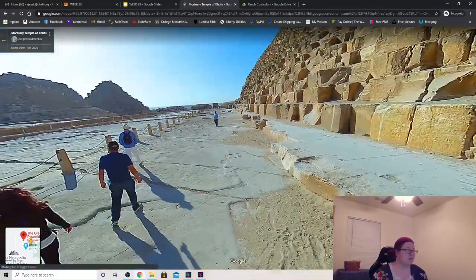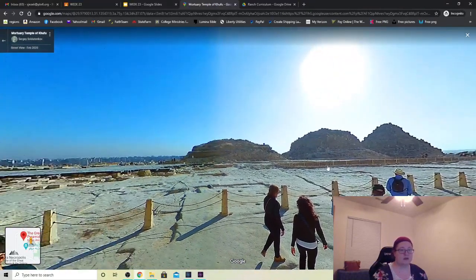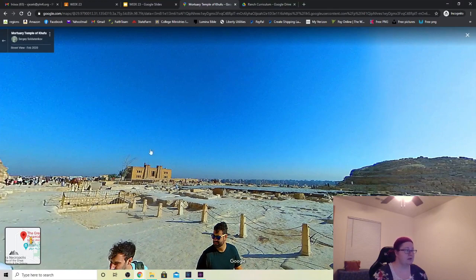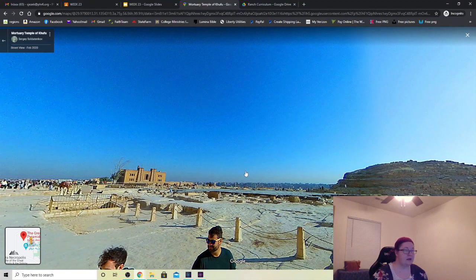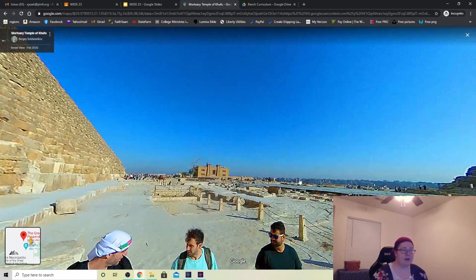See, there's people looking around. There's some more ancient ruins over there. Looks like an ancient temple. And you can kind of see in the distance, these pyramids are not far away from a big modern city. These are all modern buildings way over in the background.